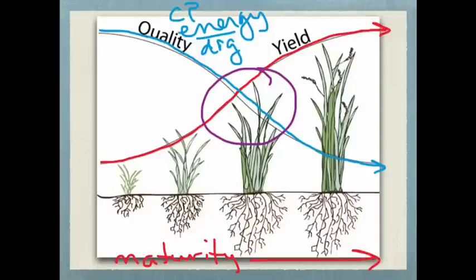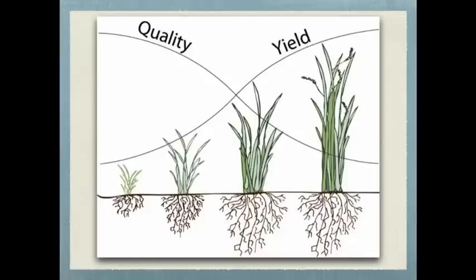So where is that sweet spot, so to say, that combines yield and quality? So just understand that as forage maturity increases, yield is going to go up for the most part. However, we may see a negative relationship with maturity and the quality of that forage. So when we get into forage management, and you will in some other classes, that's a big topic, and it's very important as livestock managers to consider that relationship.